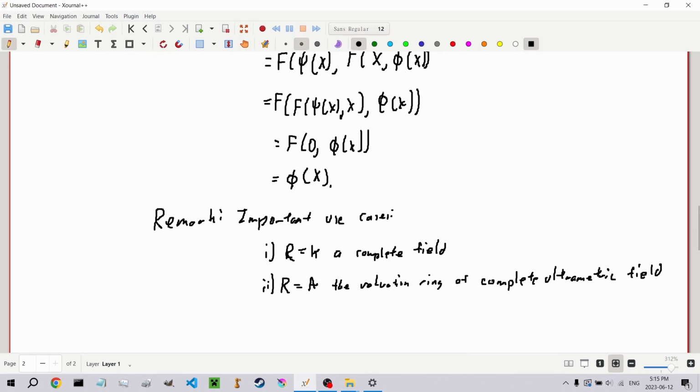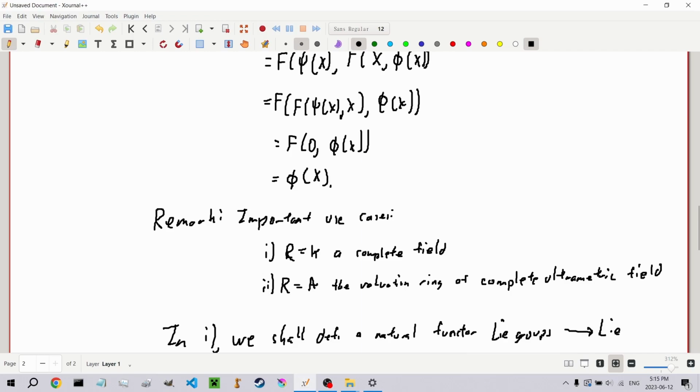So, in case 1, we shall define a natural functor T from analytic groups, which are Lie groups, to Lie algebras.